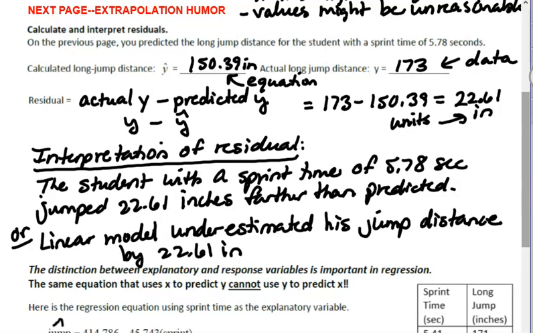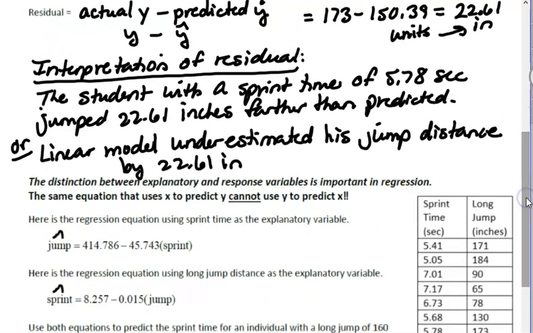Those are just two different ways of saying the same thing. And later on, I'm going to have you look at your hand span and your number of candies you grabbed and the linear model for that, and say, did the model underestimate or overestimate how many candies you could actually grab with the size of your hand? How much would it predict and how much did you actually grab?